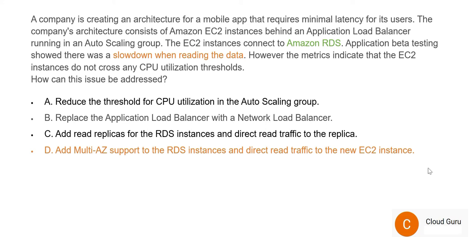See, when you are setting this up in an auto scaling group, EC2 is in an auto scaling group, and when you are saying your CPU utilization thresholds are never crossed, it will never create a new EC2 instance. See, how auto scaling works, you start with two EC2 instances, and you say that if the threshold of 70% CPU utilization is crossed, you create a new EC2 instance. It's just like your team.